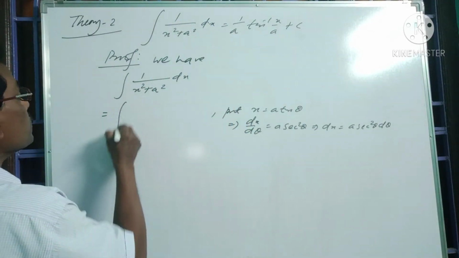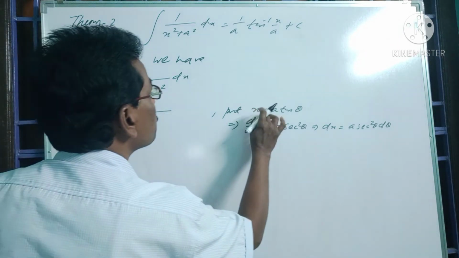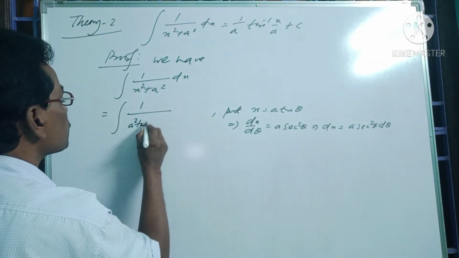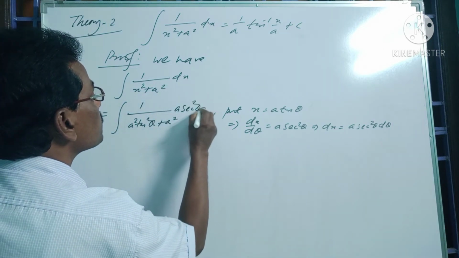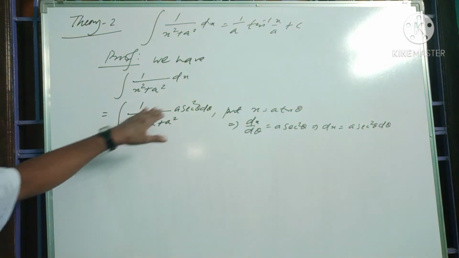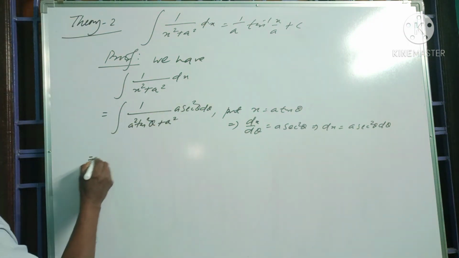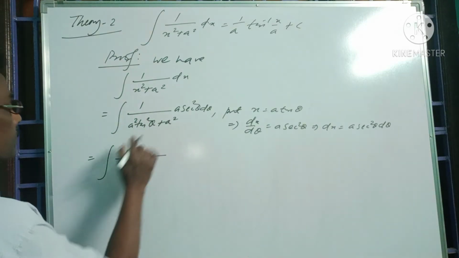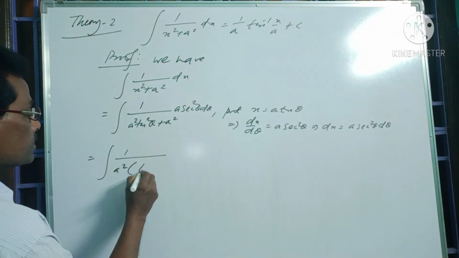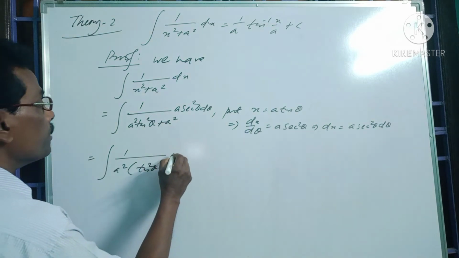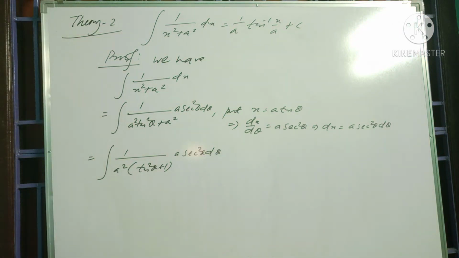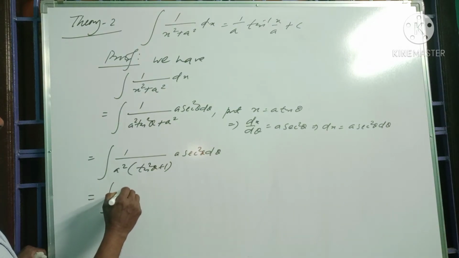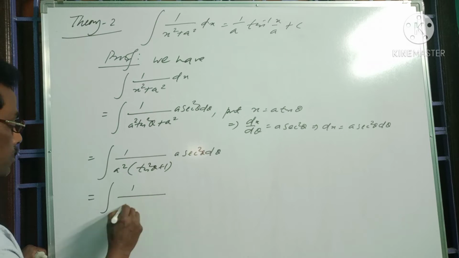Replacing in the integral, in place of x we have a square tan square theta plus a square, and in place of dx we have a into sec square theta d theta. Taking a square as common, we have 1 by a square into tan square theta plus 1, into a into sec square theta d theta.